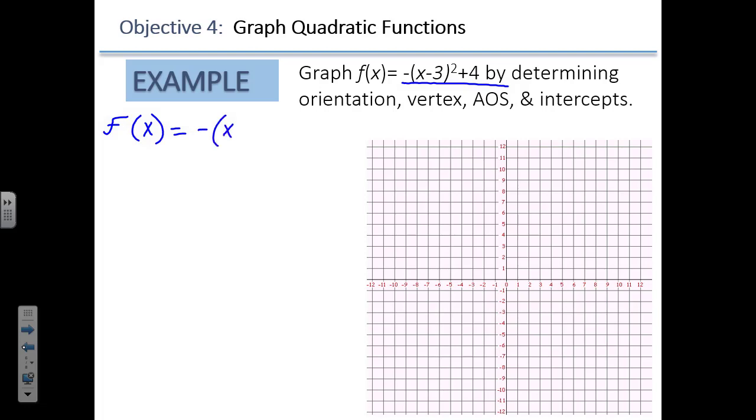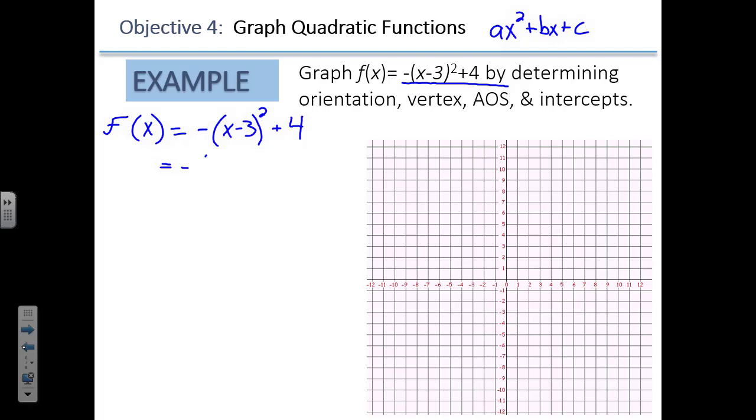We have to FOIL out that (x minus 3) squared plus 4. We have to do that, of course, because we need our function to be in the form ax squared plus bx plus c in order to use our vertex formula. So let's do this.